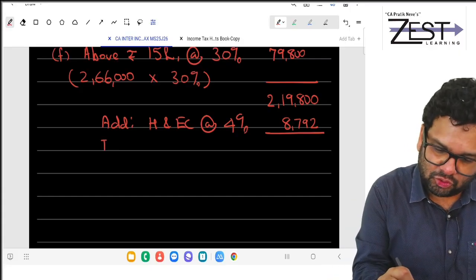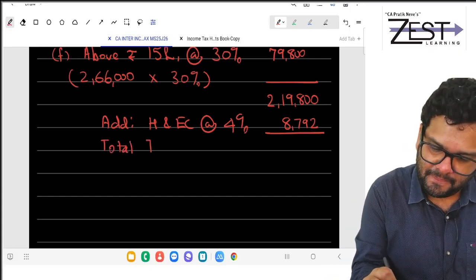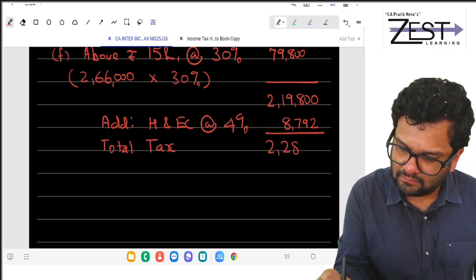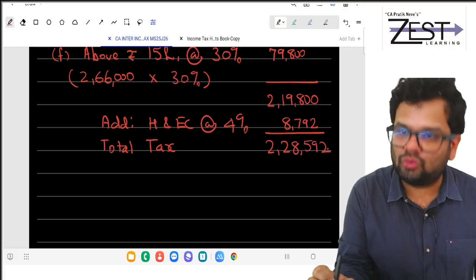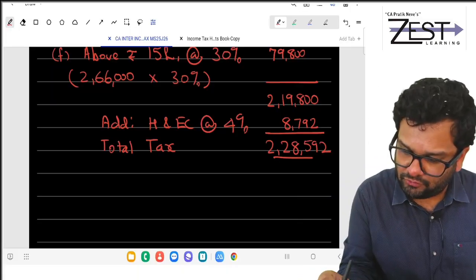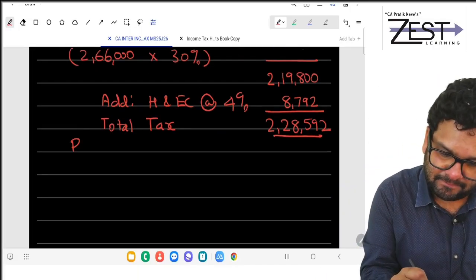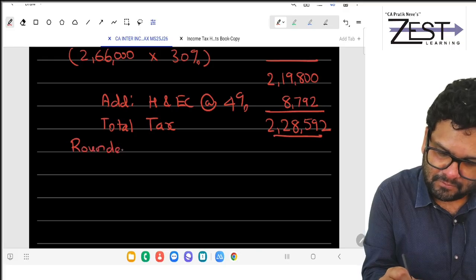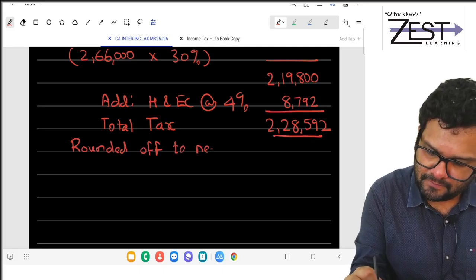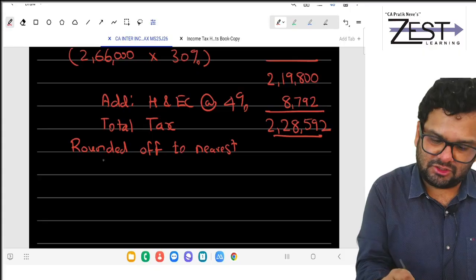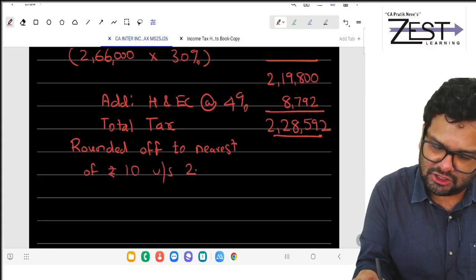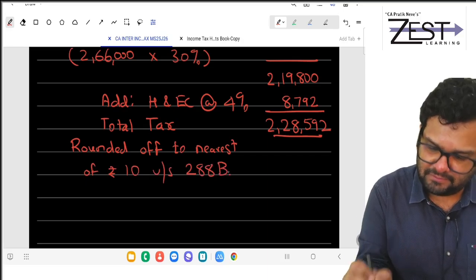So tell me what is the total tax? 2 lakh 28,592. Is it correct? This will be rounded off to the nearest of rupees 10 under section 288B.